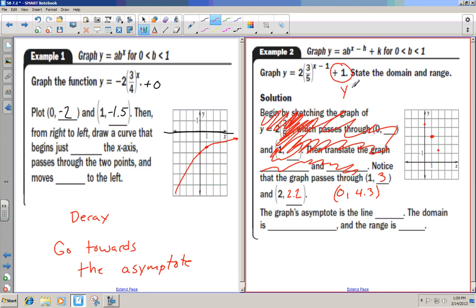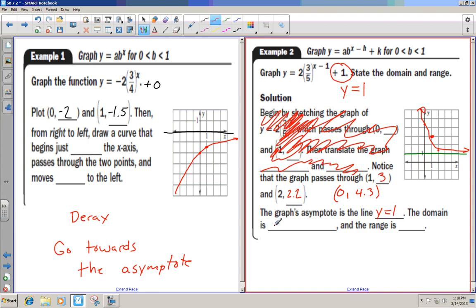So the asymptote is y equals 1. So here, let's use a different color. This right here is the imaginary asymptote. When I draw my graph, decays go towards the asymptote and never cross it. Looks like that. So the graph asymptote is the line y equals 1.